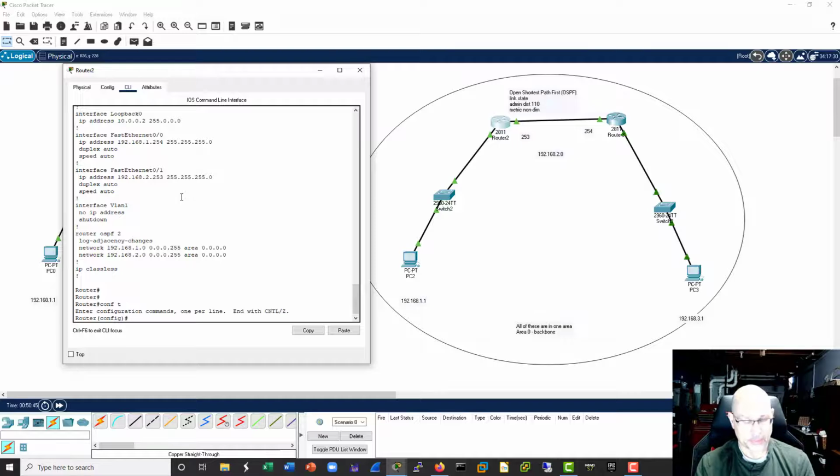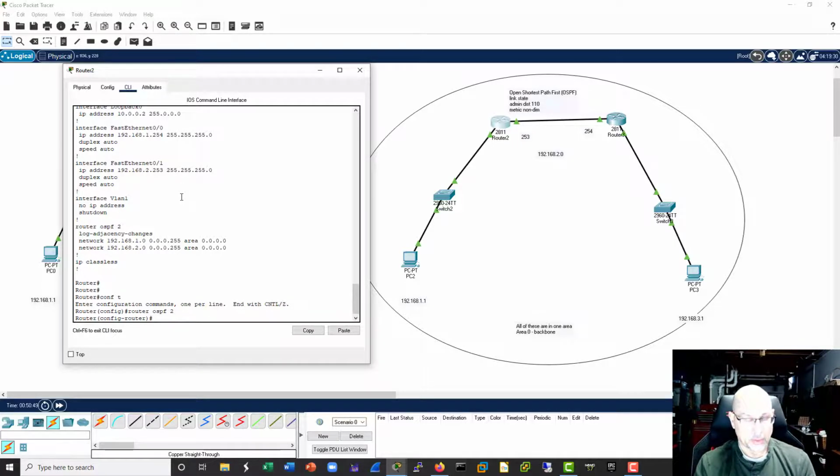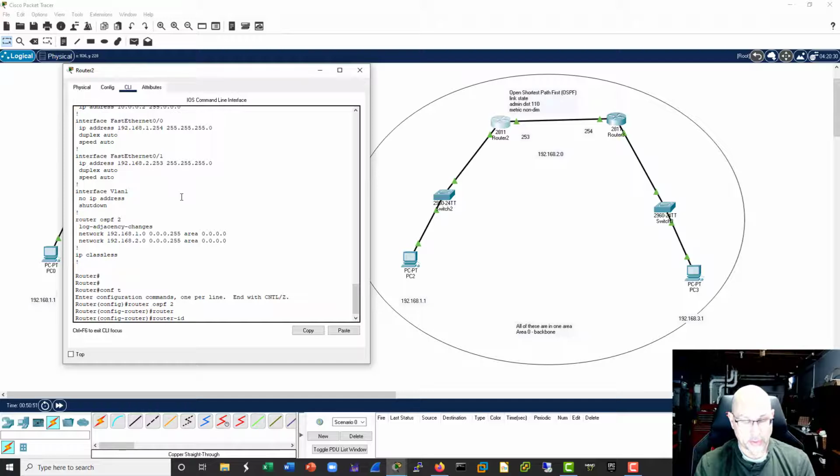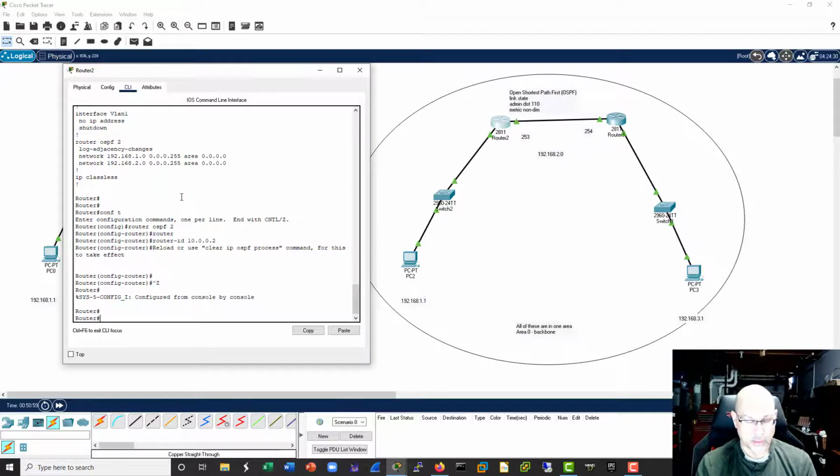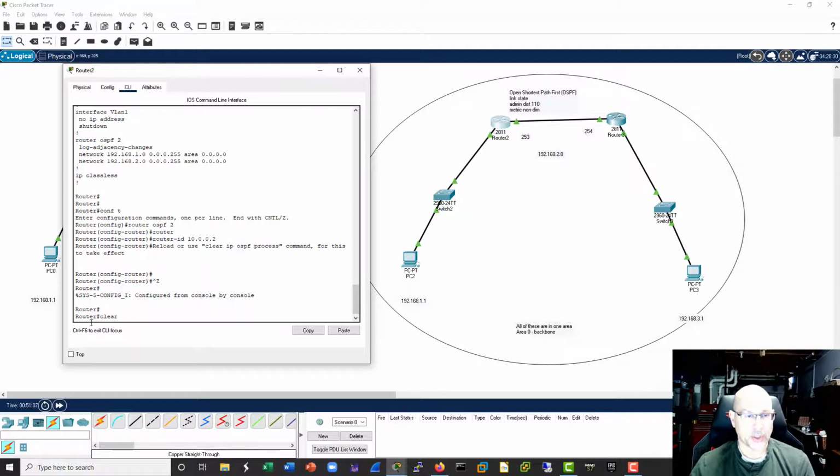If I could type. And we'll say router ID over here is 10.0.0.2, and then we will say clear. We're just going to do this exact command here. So if we do our shortcuts, let's say copy and paste. Oh, for heaven's sakes.